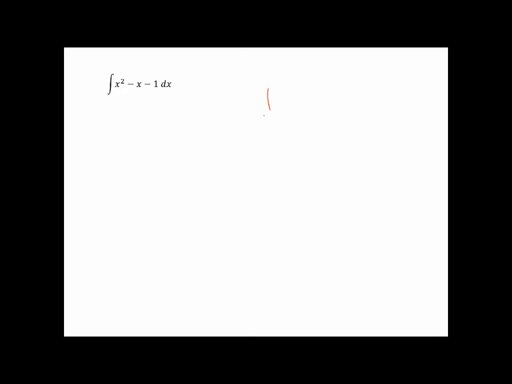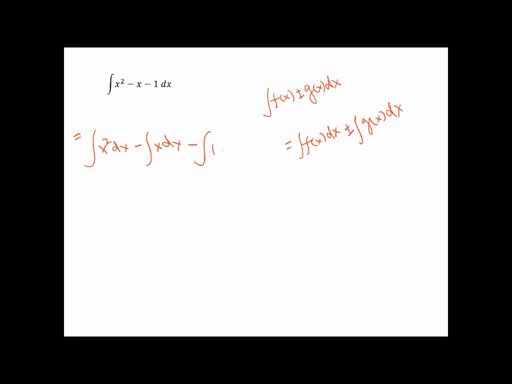Here I'm going to use the integral of f(x) plus or minus g(x) dx equals the integral of f(x) dx plus or minus the integral of g(x) dx. So it equals the integral of x squared dx minus the integral of x dx minus the integral of 1 dx.